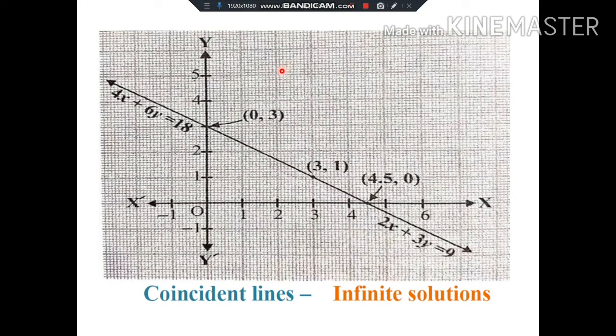Yes, children, another condition, a1 by a2 is equal to b1 by b2 is equal to c1 by c2. The lines are coincident. You can see the one line is here and here. Both the lines coincide with each other. Therefore, it has infinitely many solutions.